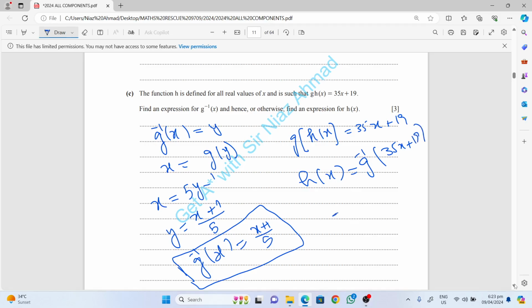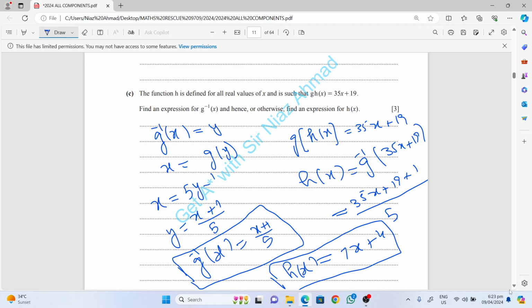So it will be 35x plus 19 plus 1, over 5. So finally you will be getting h of x equal to 7x plus 4. This is our h of x.